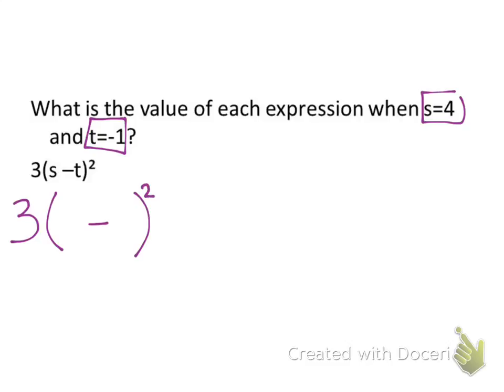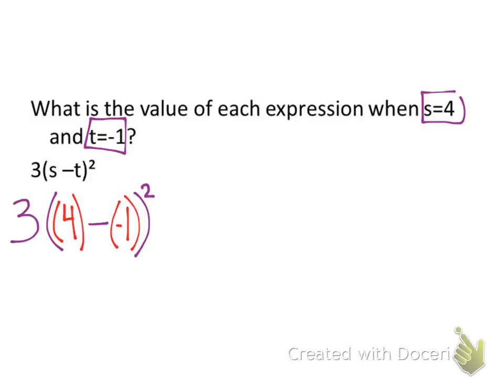But instead of the S, what am I going to put? The 4. And anytime you're substituting a value in, put it in parentheses. And instead of the T, what am I going to put in? -1 in parentheses. Very careful with your signs here.